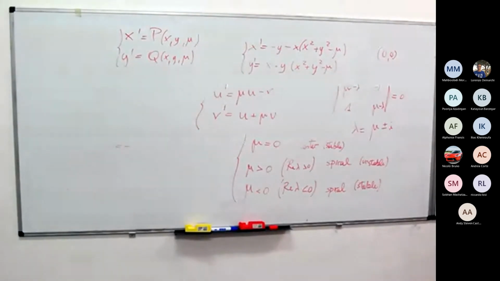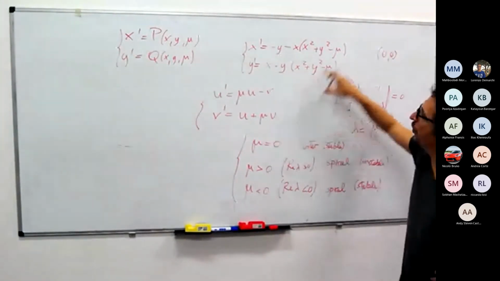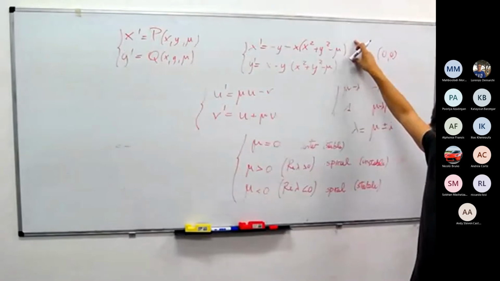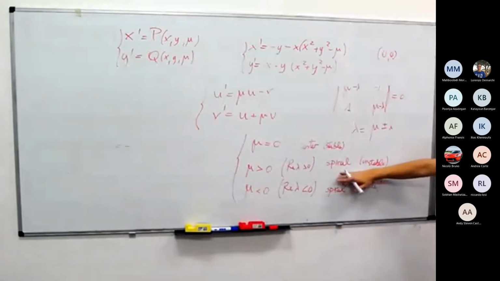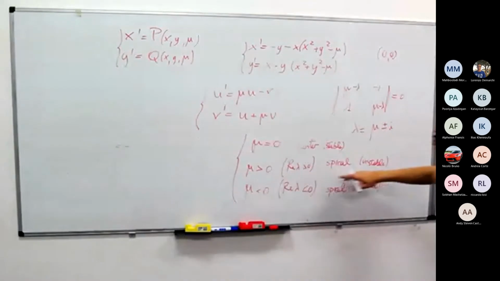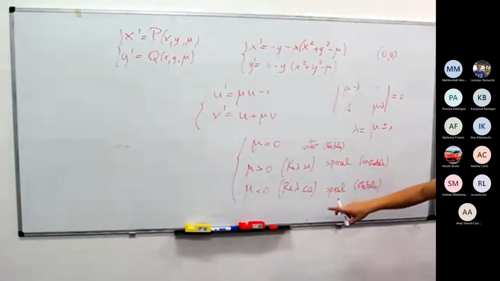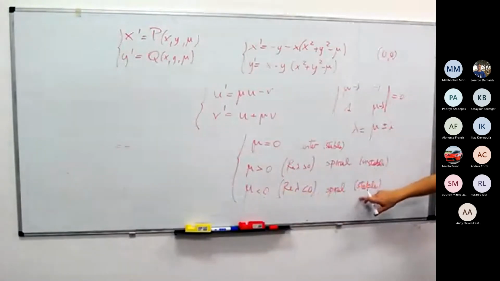So what we proved is that a spiral in the linearized world will correspond to a spiral in the non-linear world. So basically, for mu greater than 0, I would have 0, 0 be an unstable spiral. For mu less than 0, I will have 0, 0 be a stable spiral.